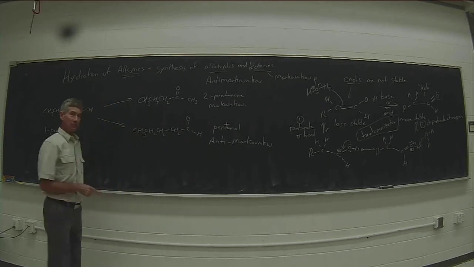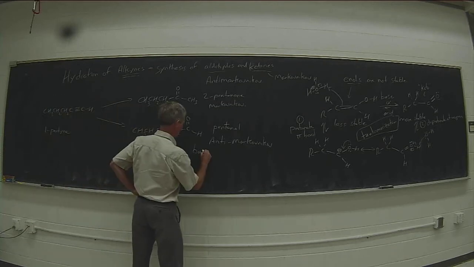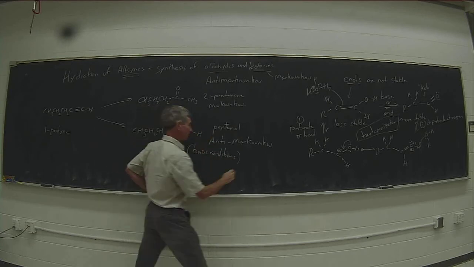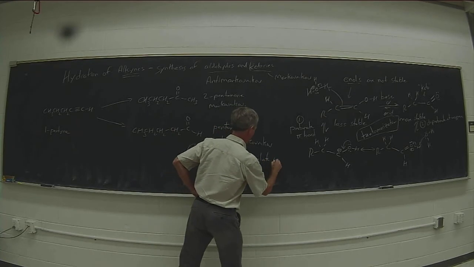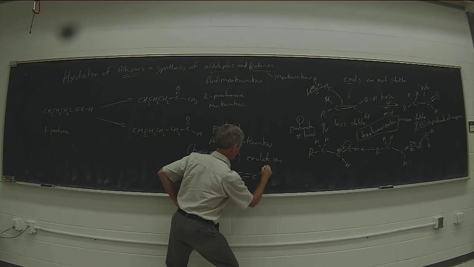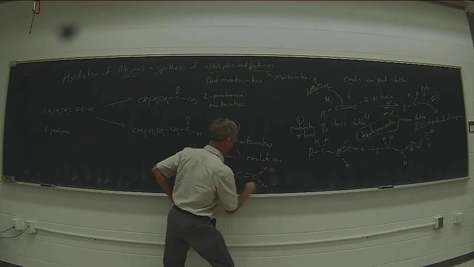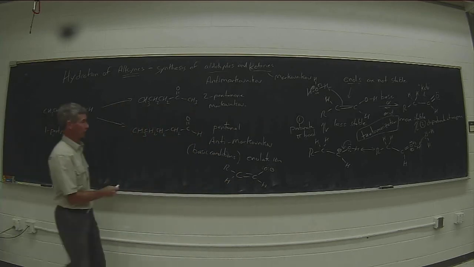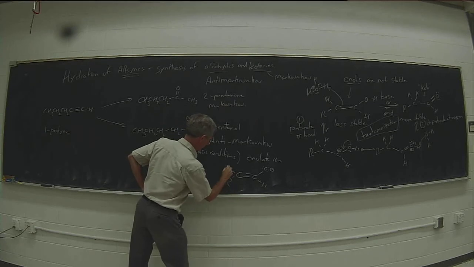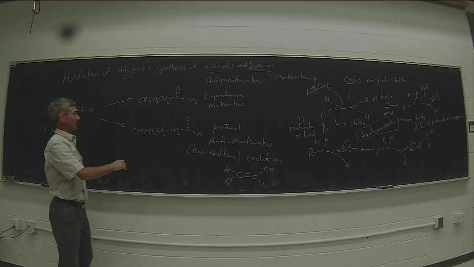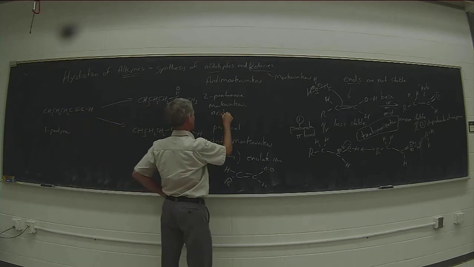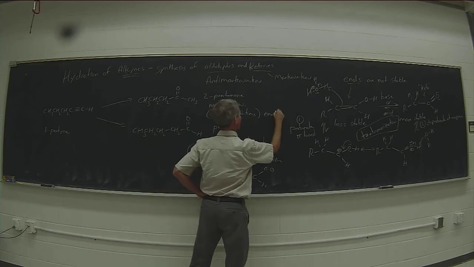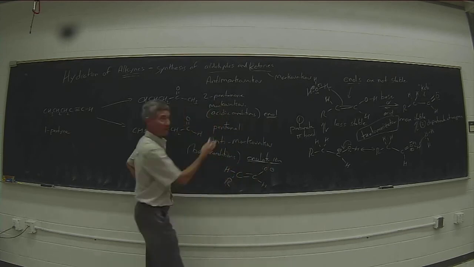The anti-Markovnikov addition happens under basic conditions, in the second step, which means that you're working with an enolate ion. And the Markovnikov addition happens under acidic conditions, which means the enol will be an intermediate.